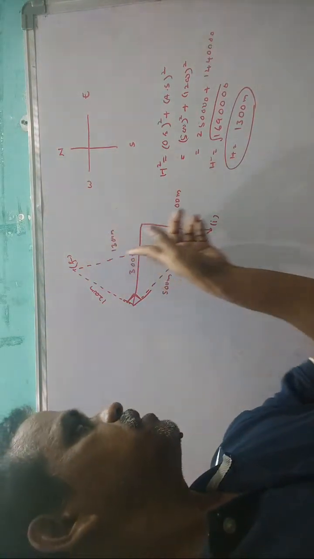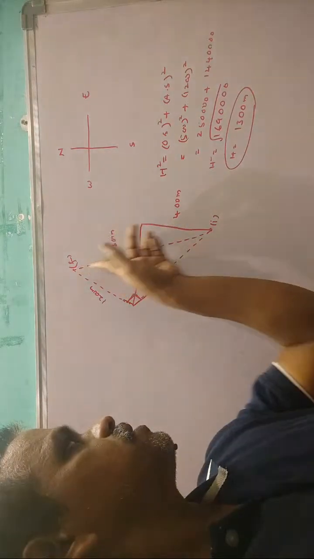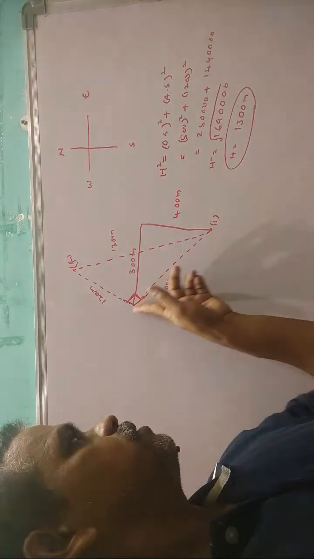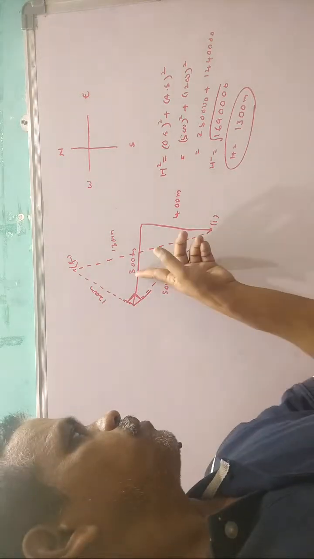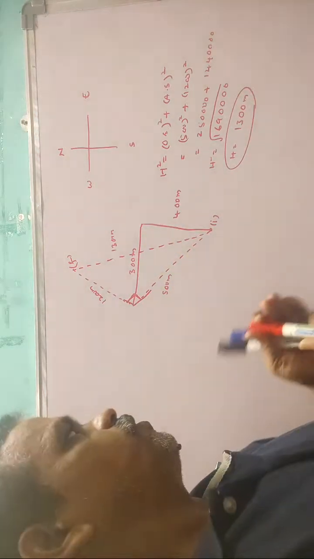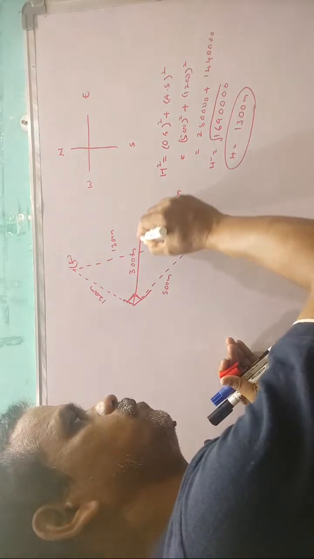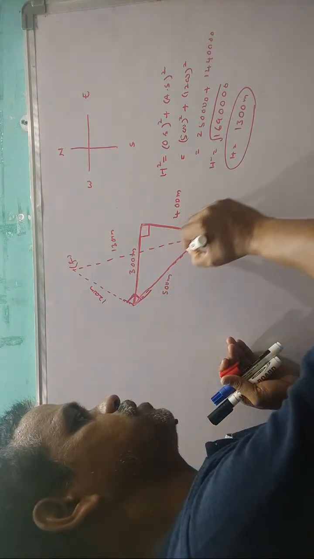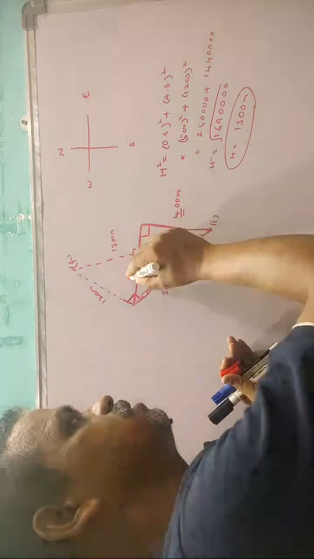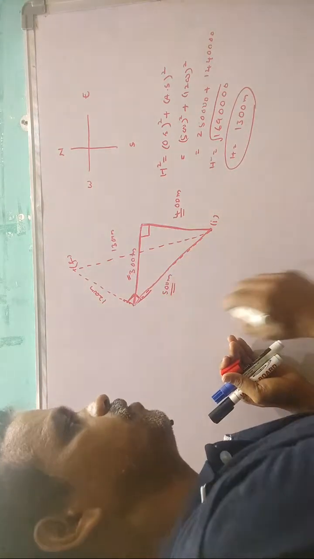So for this line, if you want to calculate this line, we have to know this one and this one. So from this triangle, this is 400 meter, this is 300 meter, this will become 500 meter.